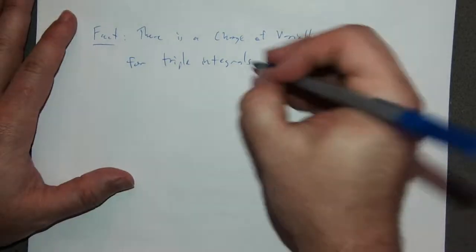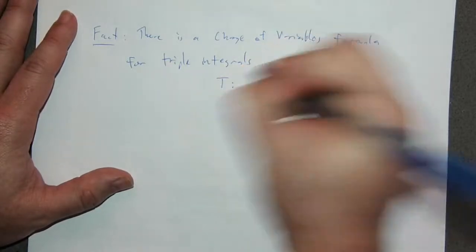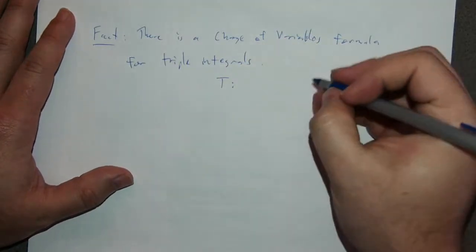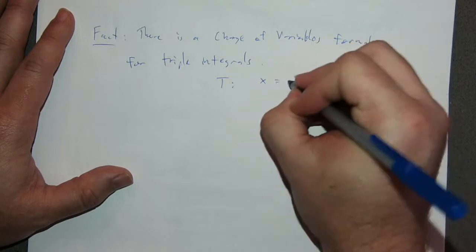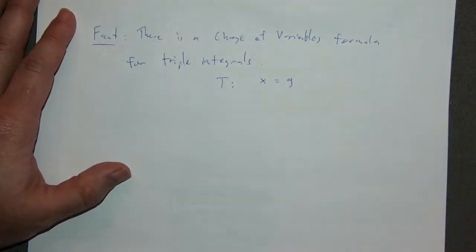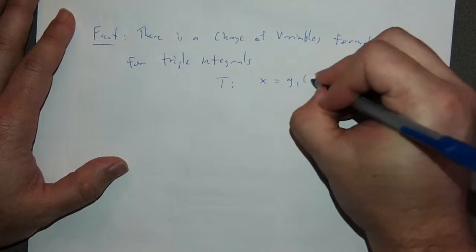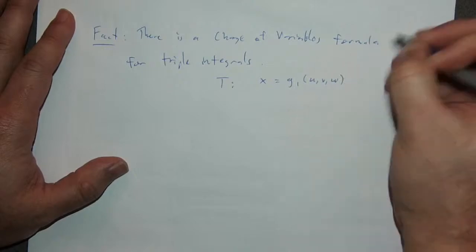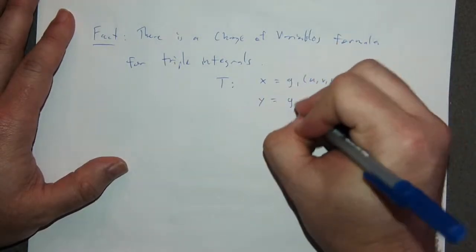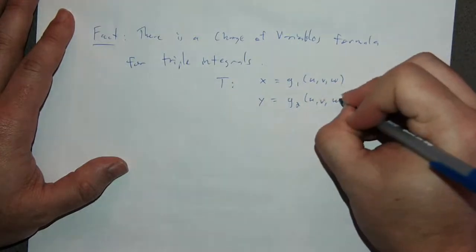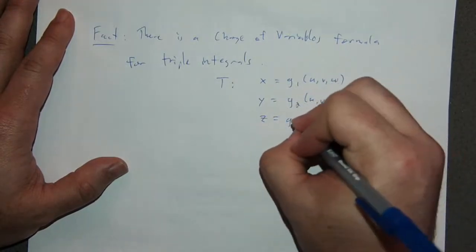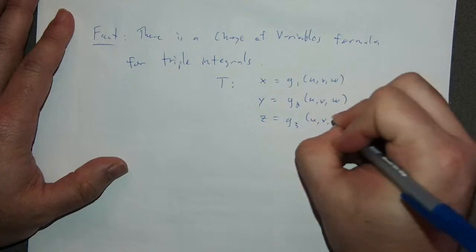So you still have a transformation, but it is given to you by three functions now. So x is equal to g sub 1 of u, v, w. y is equal to g sub 2 of u, v, w. z is equal to g sub 3 of u, v, w.